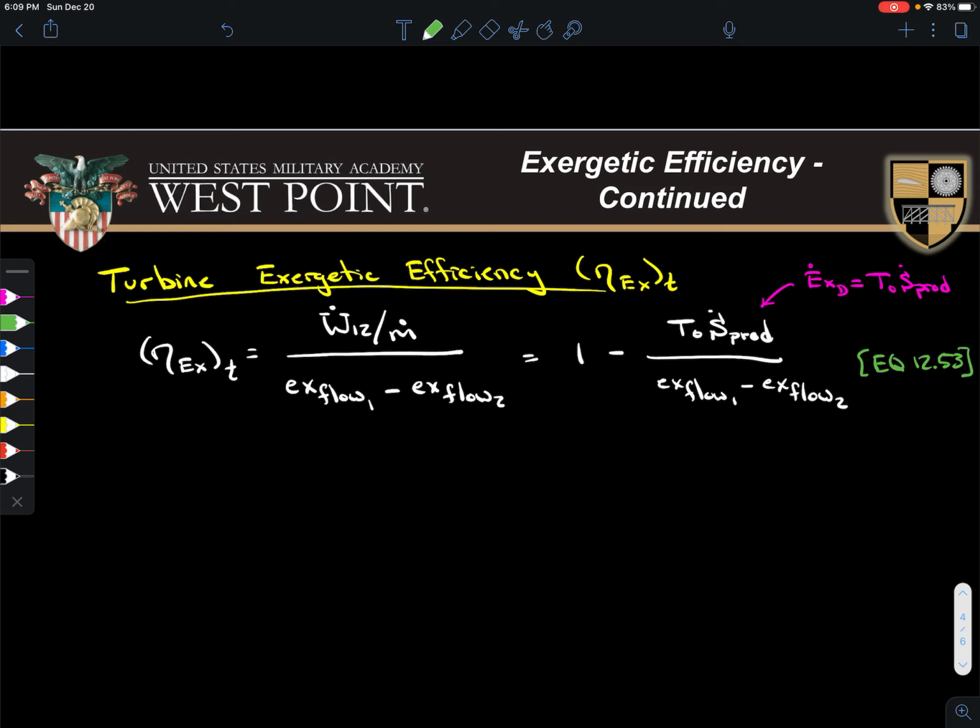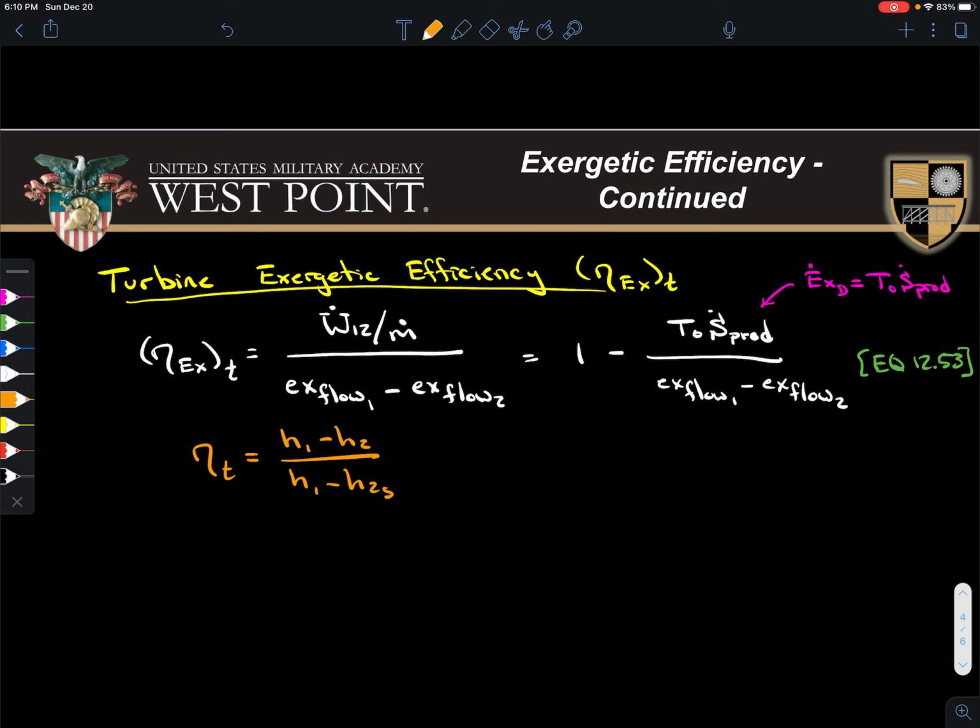So as a quick note regarding the exergetic efficiency of a turbine, if we do a little side comparison here, if we say the thermodynamic efficiency of a turbine, we would say H1 minus H2 divided by H1 minus H2S, if you recall from MC311.